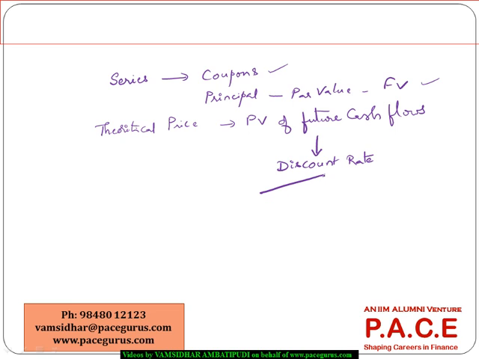In some cases, people use one single discount rate for all cash flows. This is one mechanism, which is quite easy to execute but may not reflect reality better.